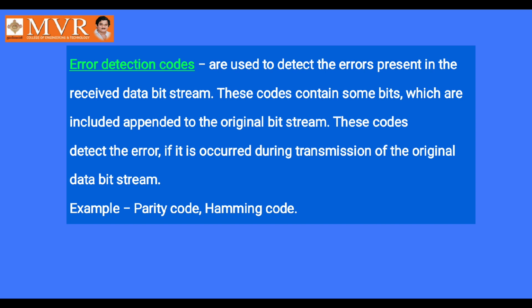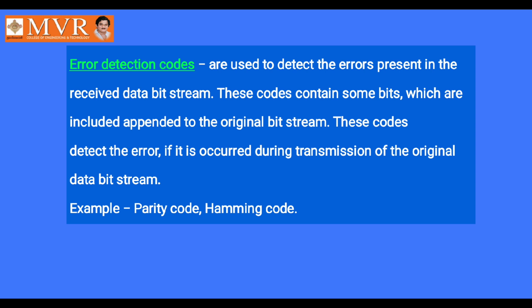If you are going to transfer a 3-bit data 101, for that 3-bit data 101 we will add one more extra bit, which is useful for detecting an error. Now our original bits are 101, and for that, an extra bit will be appended.